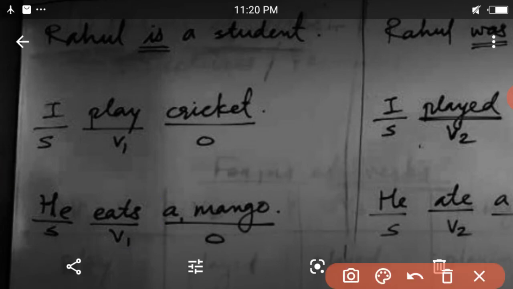What is the V2 of eat? Ate, right? So the word eats will be replaced with ate in the simple past tense, and subject and object will remain the same.